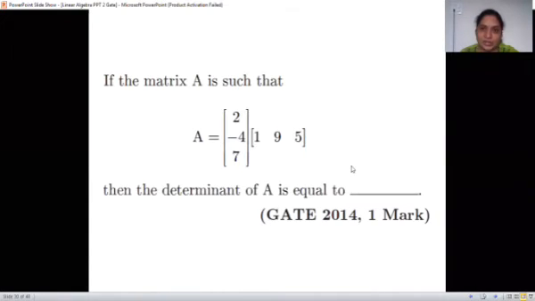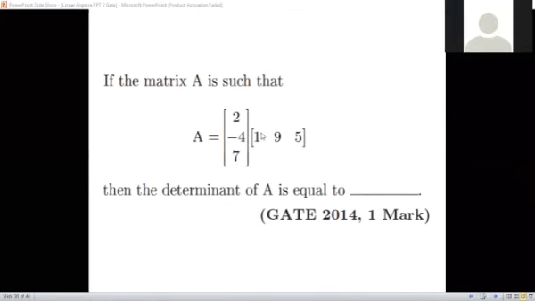If the first matrix is m by n and the second matrix is n by p, then if the number of columns in the first is the same as the number of rows in the second, only then can we multiply, right?